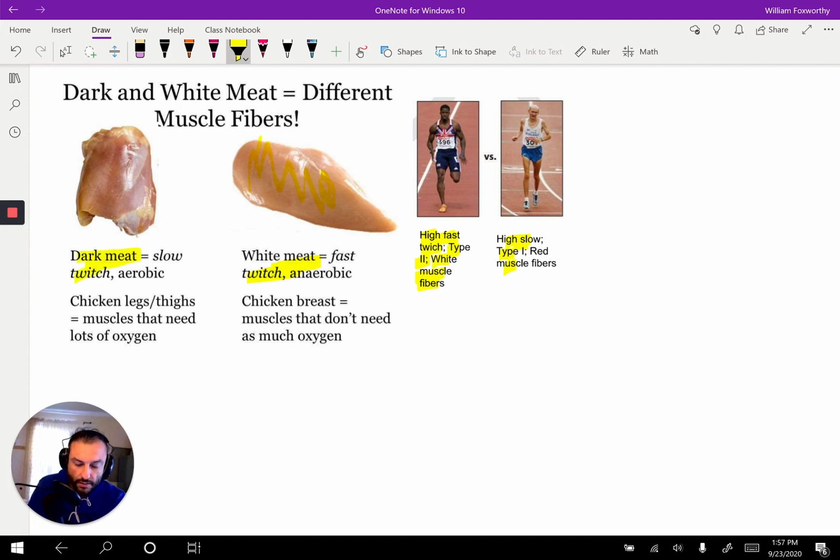Dark meat, on the other hand, appears dark and more red because it has more vasculature, more blood vessels going through it. And because of those blood vessels, it is more able to perform aerobic cellular respiration, which more efficiently provides energy, so they can perform whatever action they're doing for a long period of time.